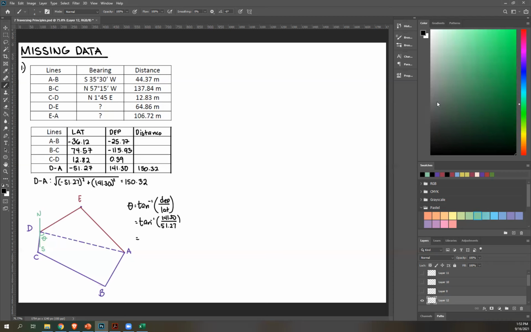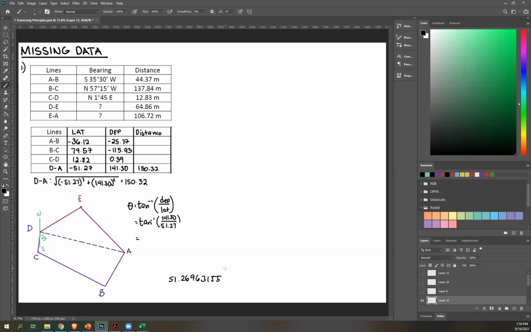Again, please use stored values. Come here, compute. Okay. So this is 51.26963.